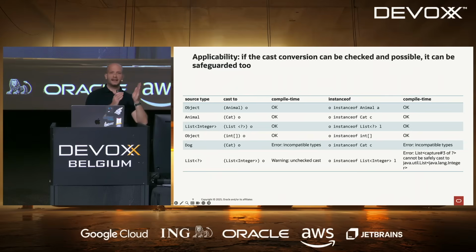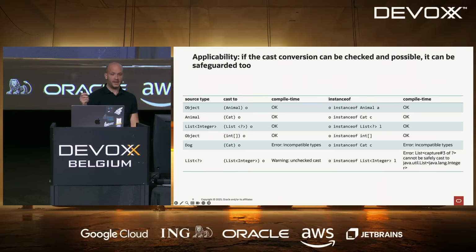If you can cast something and the compiler says, yay, then this conversion can also be safeguarded. We see here a widening reference conversion. We see a narrowing reference conversion. We see that you can cast an object to an int array, which is another reifiable type, but you cannot cast a dog to a cat.